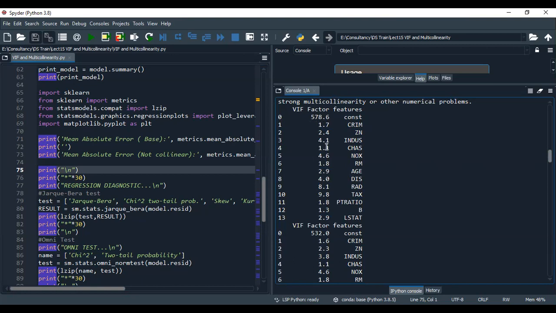When you calculate this VIF, you can find there are two fields, RAD and TAX, that are very closely related. One value is 8.1 and another one is 9.8. If you find 8.1 and 9.8, that is almost close to 10 and greater than 5, so we need to remove one and recalculate the regression equation. So what I'm doing now, the question will come to your mind.